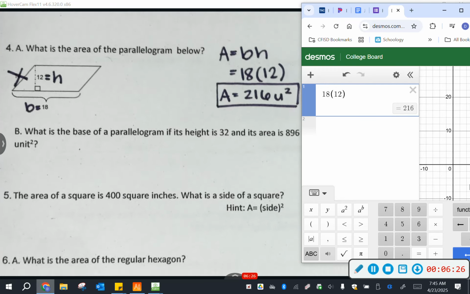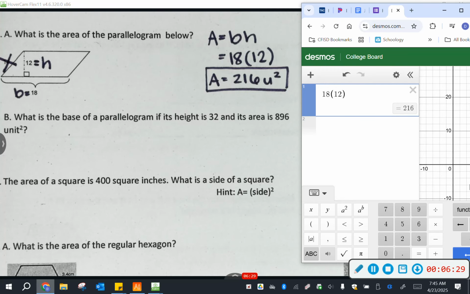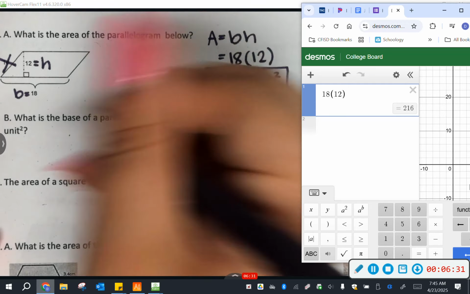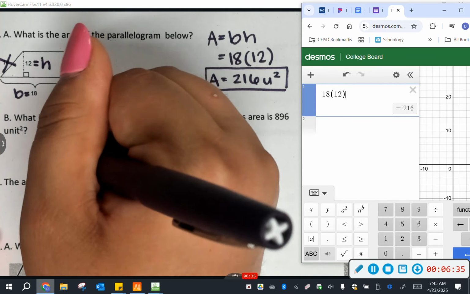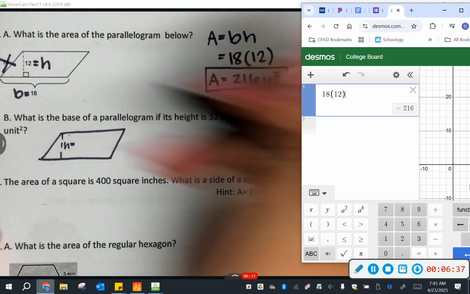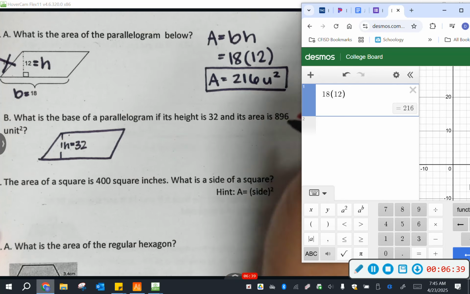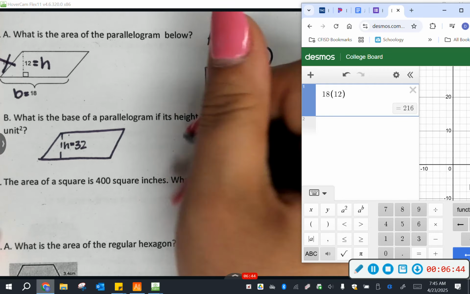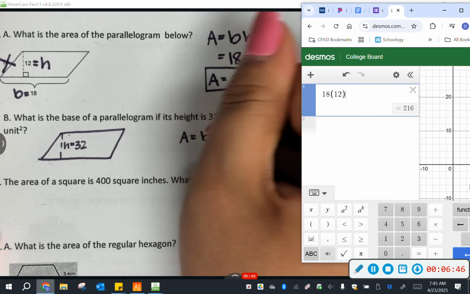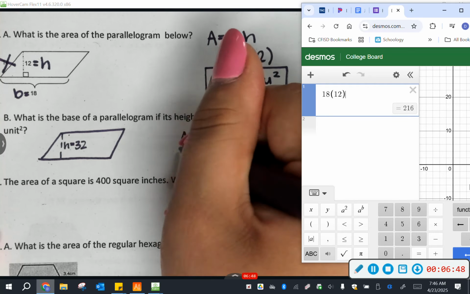And then let's go backwards. What is the base of a parallelogram if the height is 32 and the area is 896? You don't have to draw the picture, I just am. So again, area is base times height.